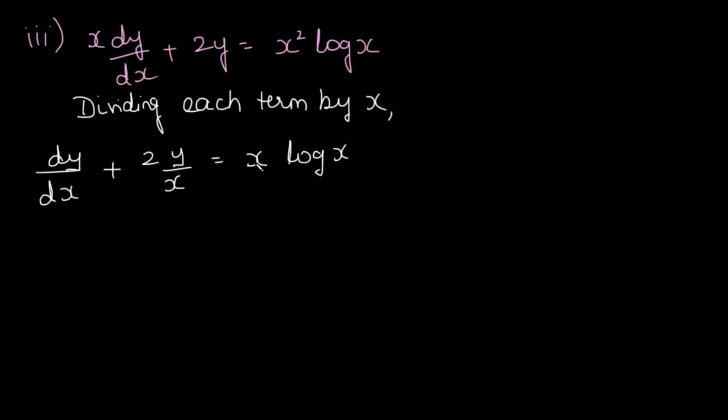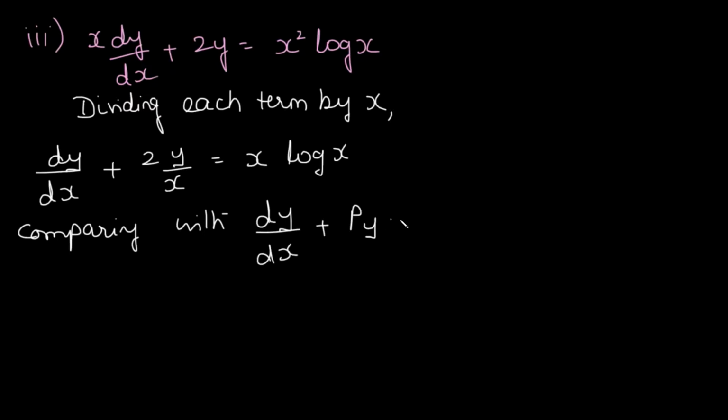Now this is of a standard form of a linear differential equation of the first order, and so we compare it with this particular equation, that is the general equation. So we get over here P is equal to, now py, so y is kept as it is, so P becomes 2 upon x and Q becomes x log x, because on the RHS of the equation we have x log x.